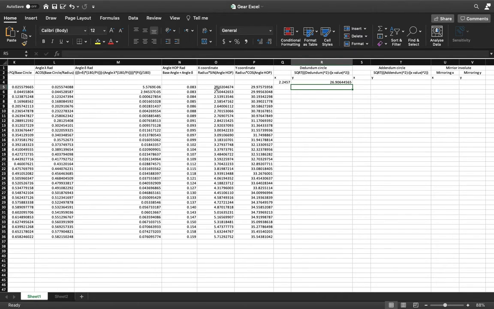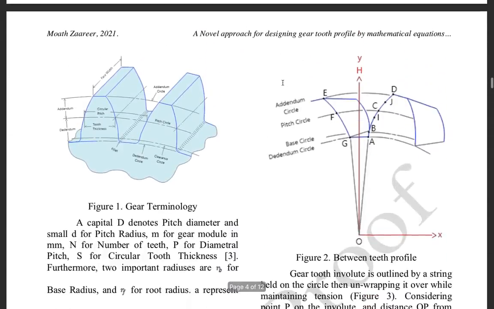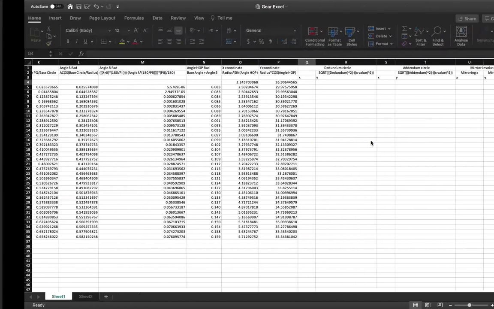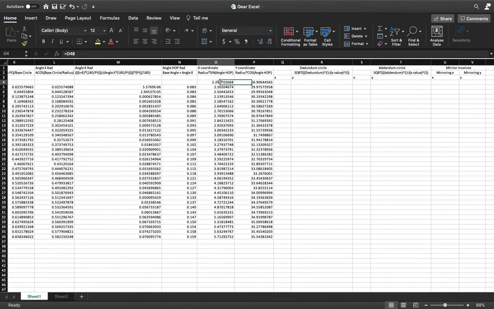The thing is that the y coordinates start from, I'm sorry, this should be here. The dedendum circle starts, oh yeah, because it's not the whole dedendum, it's this profile from G to A, and since this starts from 2, as I said, this also applies to here, actually.